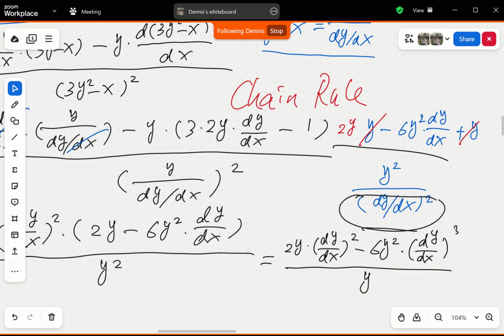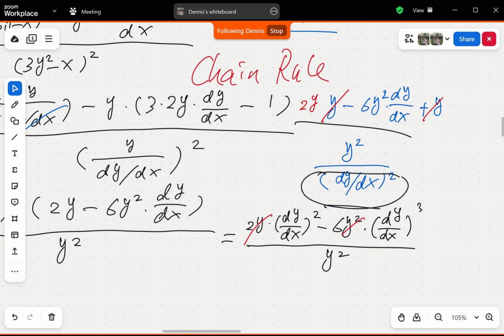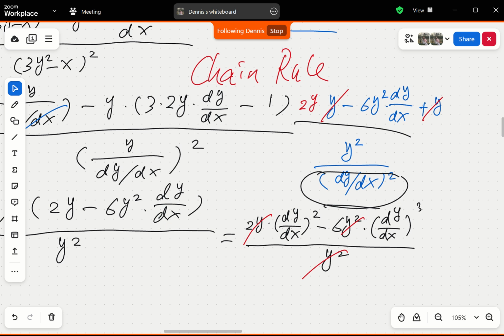over y squared. And it could be further simplified by canceling the y. So this is y, this is 2, and this is 6y.